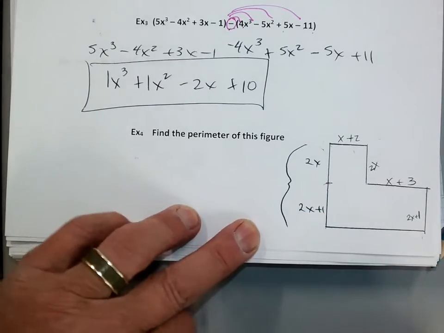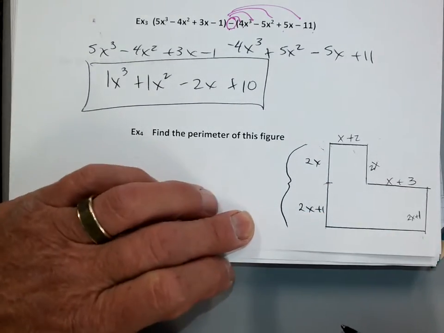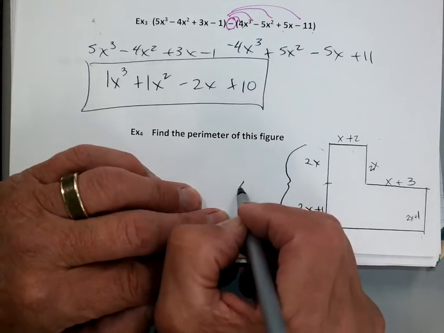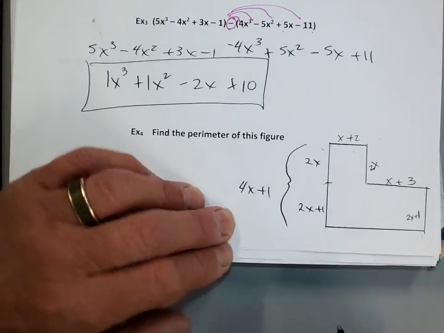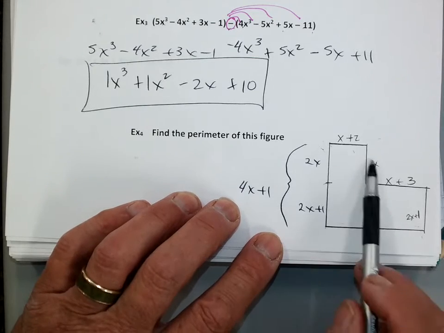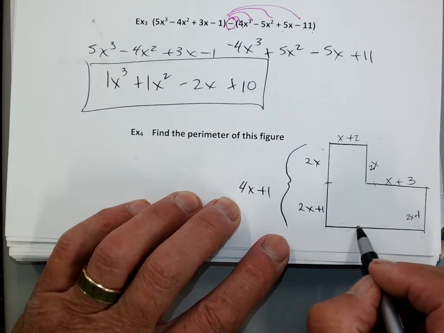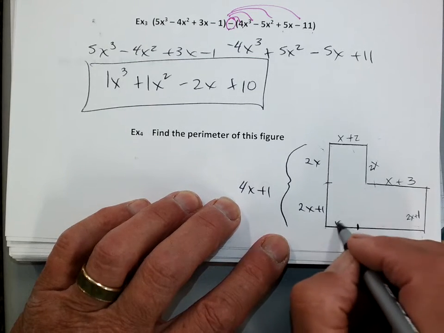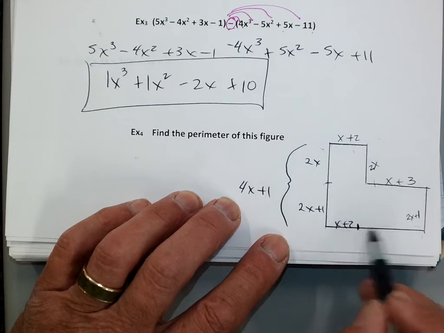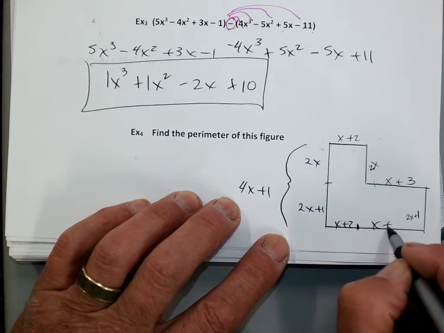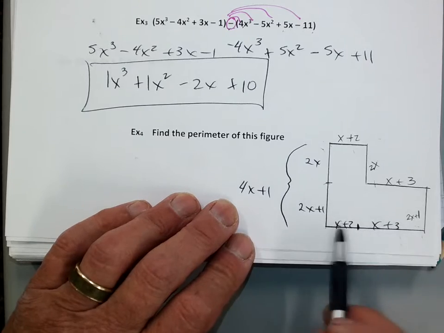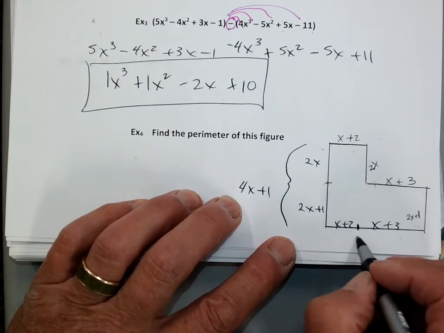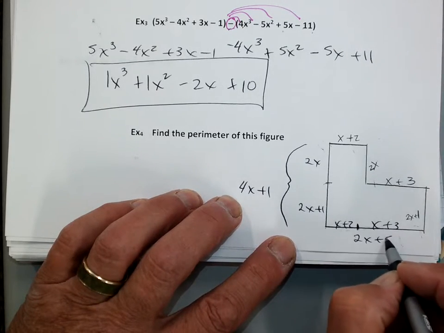So the entire length of this side of this block is a 4x plus 1. Okay? And you know this length. So from here to here is an x plus 2, and from here to here is an x plus 3. So the entire length of the base of this block is a 2x plus 5.